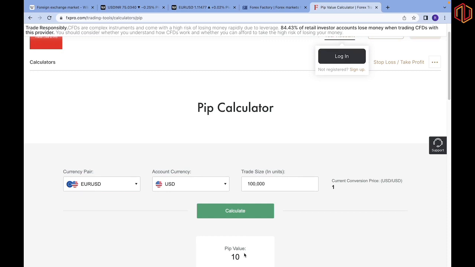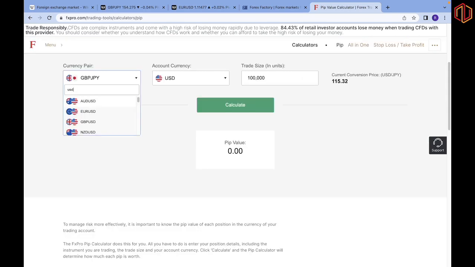Same way, if you look at USD Canadian dollar, account currency USD, size unit is 1 lot, which is 100,000 USD, the pip value is 7.83.